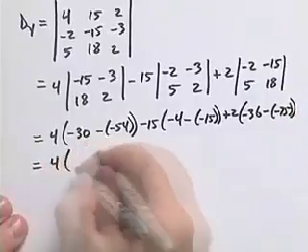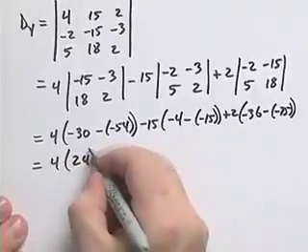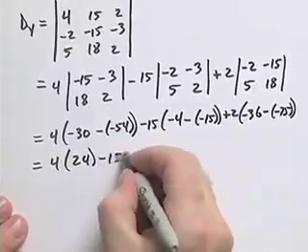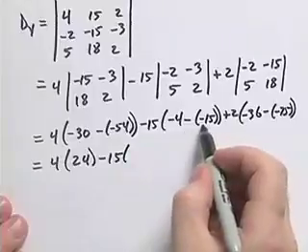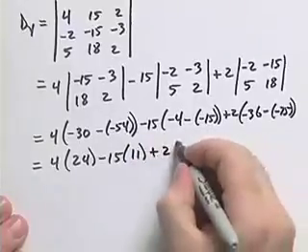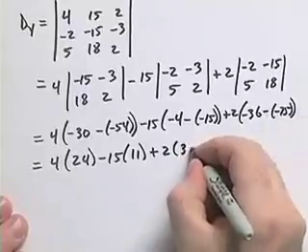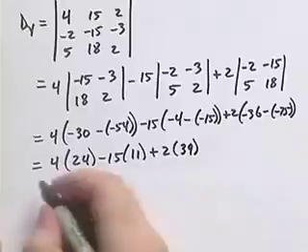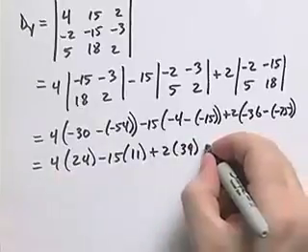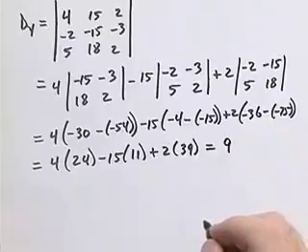So here we'll get 4 times negative 30 minus a negative 54, which is going to be positive 24, minus 15 times negative 4 minus negative 15, which is going to be positive 11, plus 2 times negative 36 minus negative 75, which is 39. And so if we clean this up, we end up with Dy equal to positive 9.